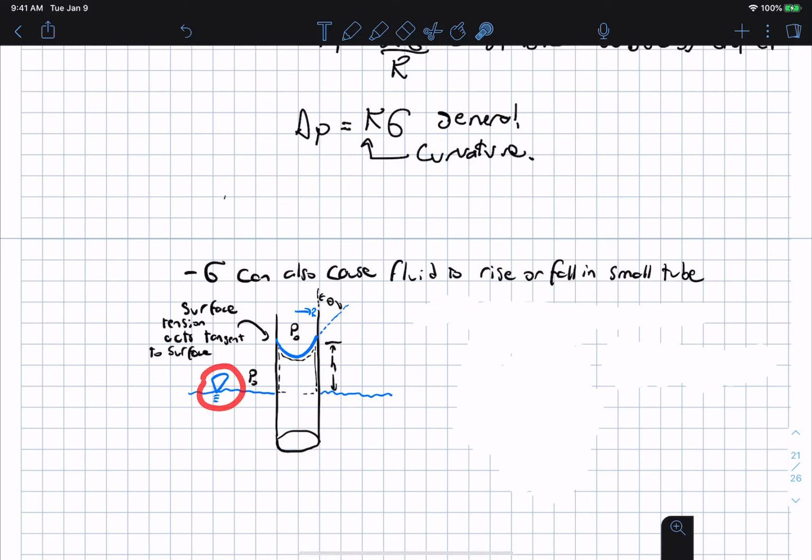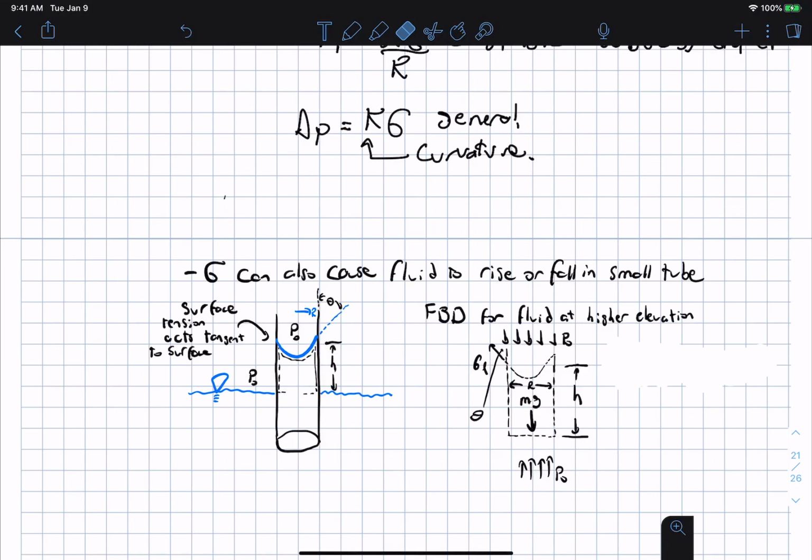And just remember, this triangle with the 3 lines means atmospheric pressure. And this whole little slug of water here is going to rise up some height, small h. Okay, and so we're going to assume static equilibrium, so we're going to do a free body diagram to analyze, for a given surface tension coefficient and angle, how high the water rises in the tube.